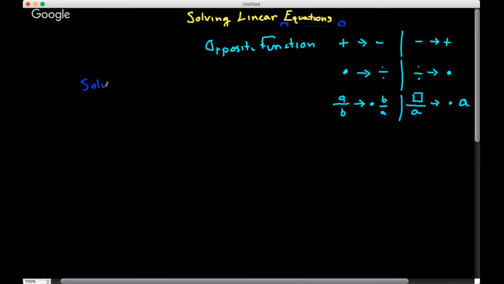So if I tell you to solve for y, and I give you the equation of 3x plus y equals positive 10.